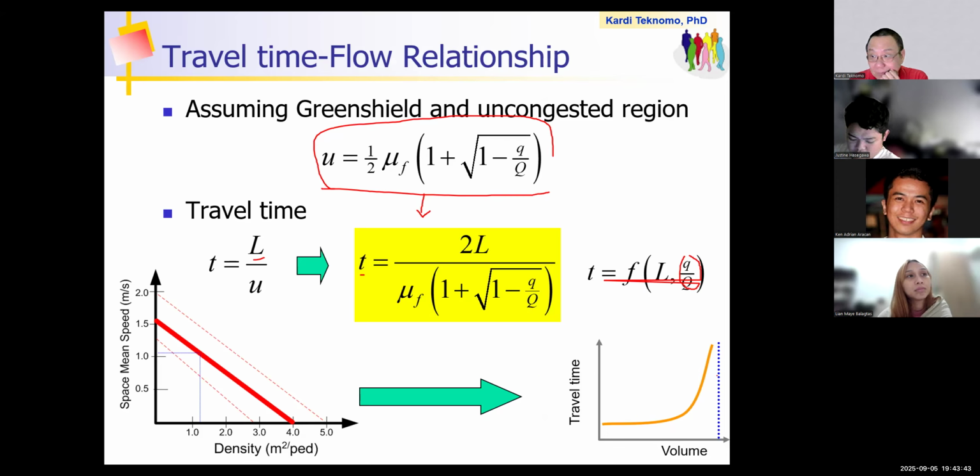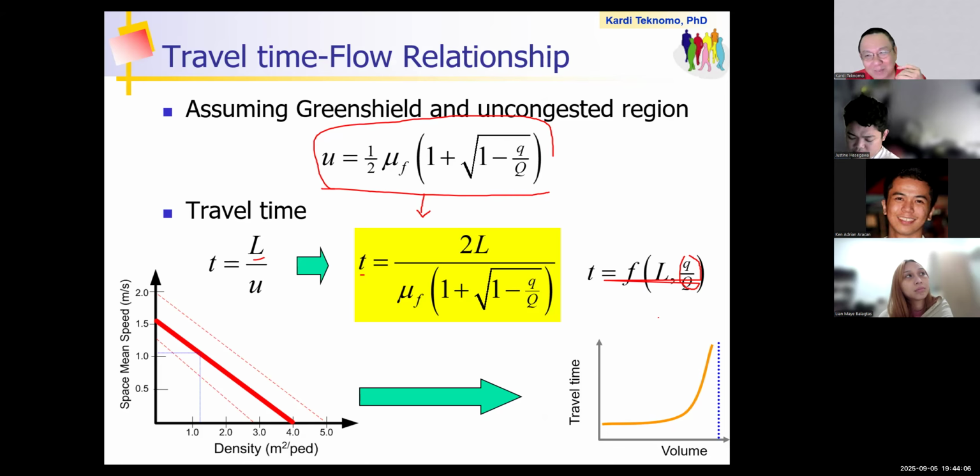So it's asymptotic. What happens if the congestion is larger than 1? It's possible. What's the meaning of congestion larger than 1? I thought it's something divided by maximum.